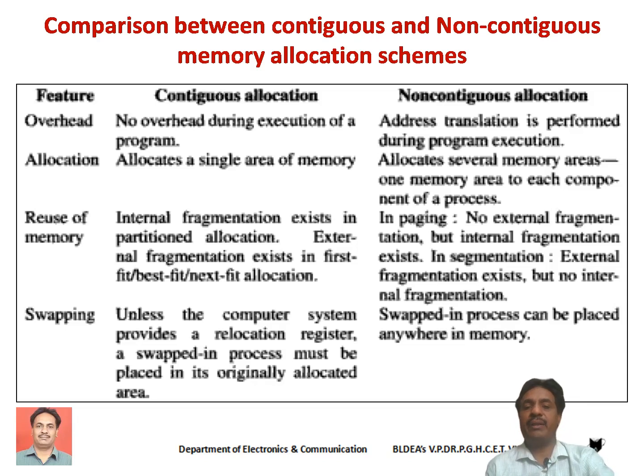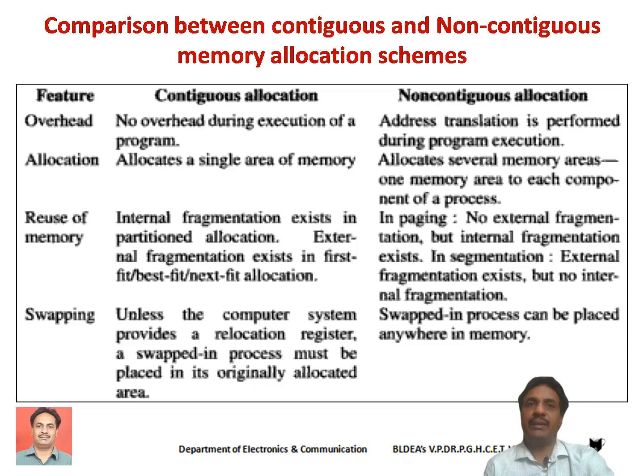I'll give an example. Assume that you have used a page size of 1 kilobyte. Suppose your program is 2.5 kilobytes, you have to allocate 3 pages. First page 1 kilobyte, second page 1 kilobyte, and the third page size will again be 1 kilobyte only.